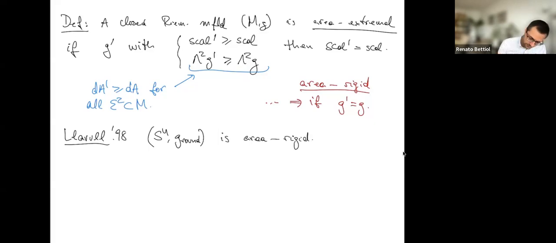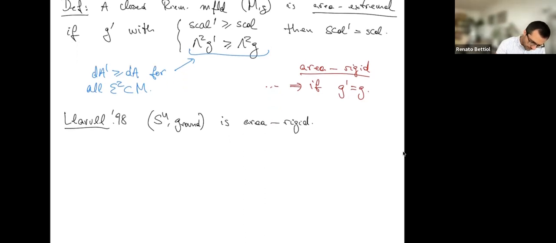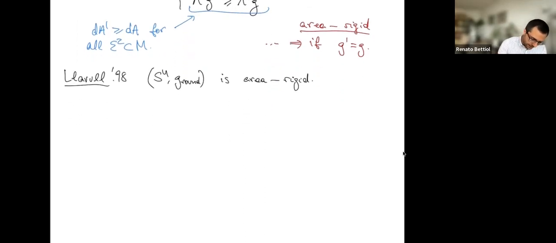So you do get this strongest possible notion of rigidity, that you cannot increase the scalar curvature without shrinking areas somewhere, not only in dimension 2, but actually in any dimension. So that's a very beautiful result that then got pushed to somewhat more general spaces by Goette and Semmelmann.